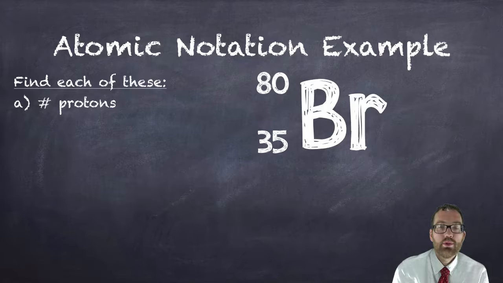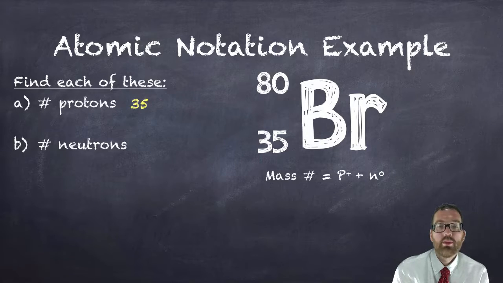Let's find the number of protons. So if the atomic number is 35, the atomic number equals the number of protons. So we just write 35. If they asked us to find the number of neutrons, we need to remember this formula. The mass number equals the number of protons plus the number of neutrons.